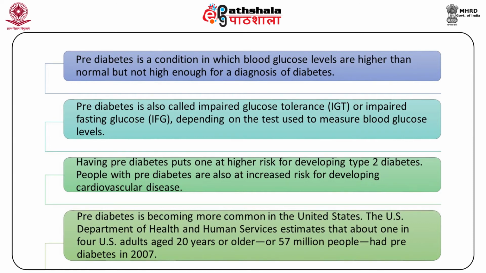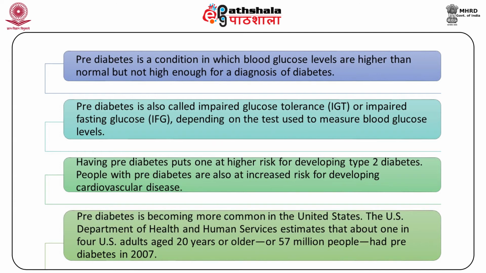Having prediabetes puts one at a higher risk for developing type 2 diabetes. People with prediabetes are also at increased risk for developing cardiovascular diseases.